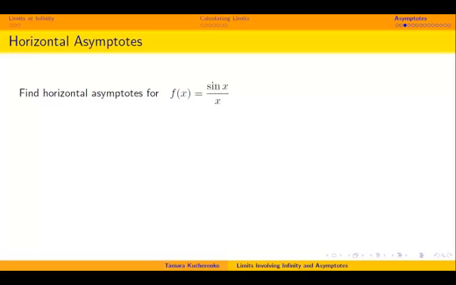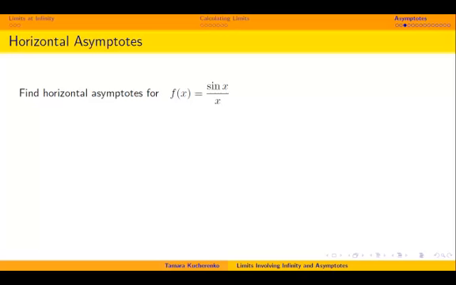The limit of sine x at infinity does not exist because of oscillation. However, the limit of sine x over x at infinity exists and equals 0. Here is the reason why.